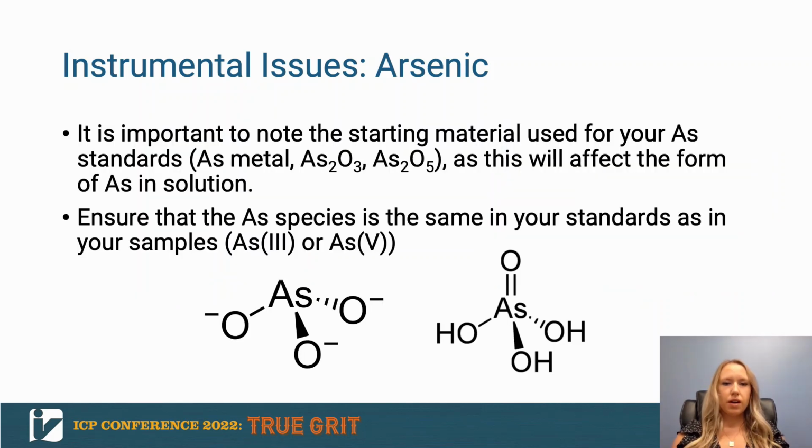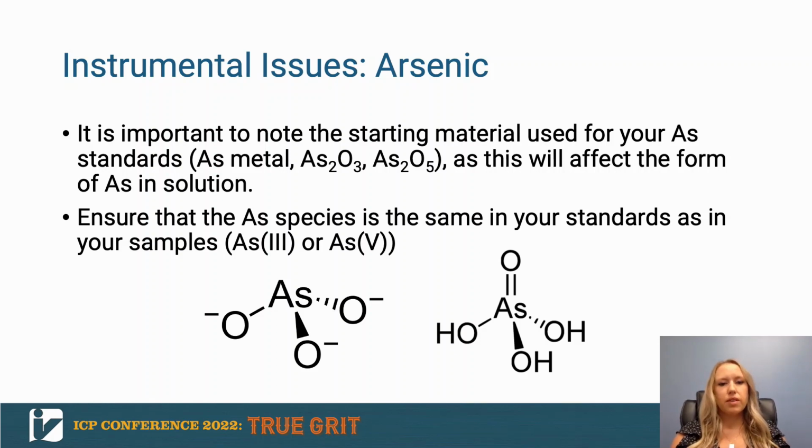Another thing to keep in mind for your arsenic standards is the starting material type used for your arsenic. This is going to affect the final form of arsenic in solution. Some of the common starting materials that we use here for arsenic standards are arsenic metal, arsenic trioxide, and arsenic pentoxide.